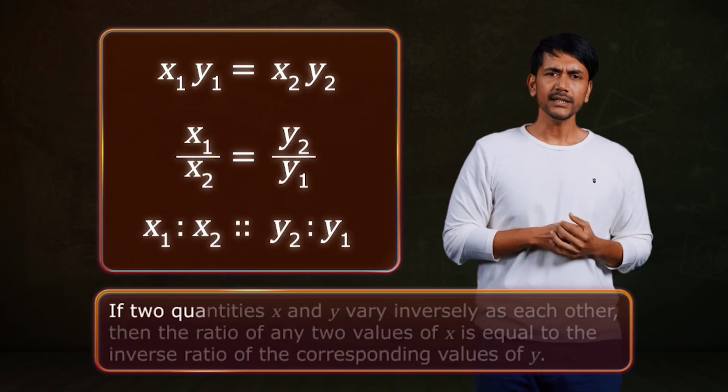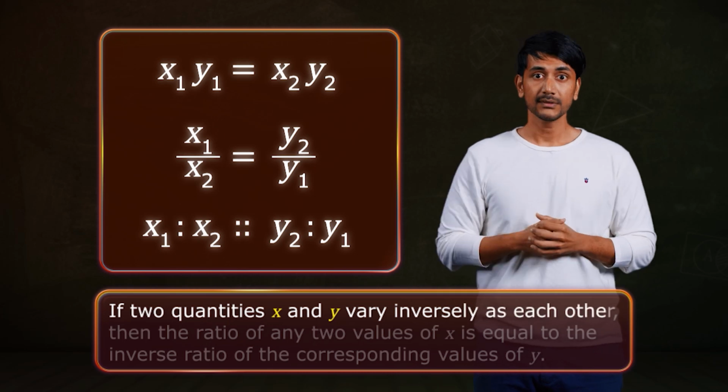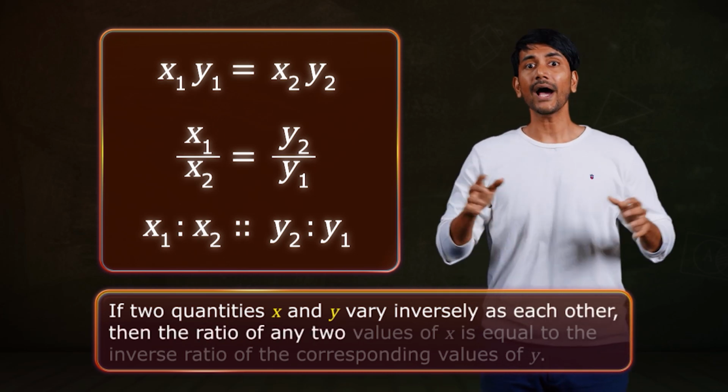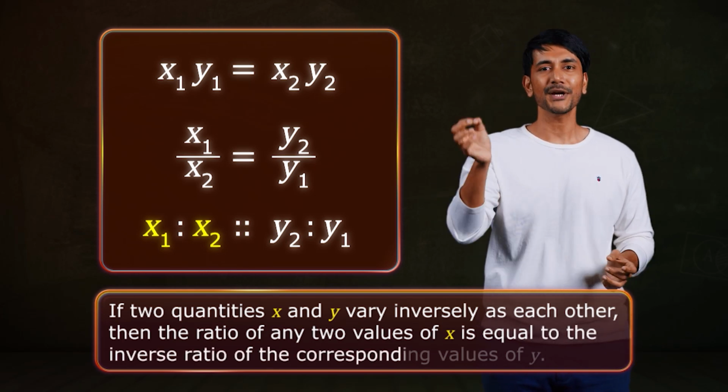So, if two quantities x and y vary inversely as each other, then the ratio of any two values of x is equal to the inverse ratio of the corresponding values of y.